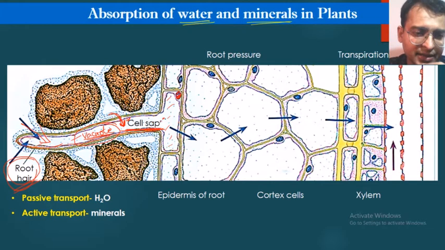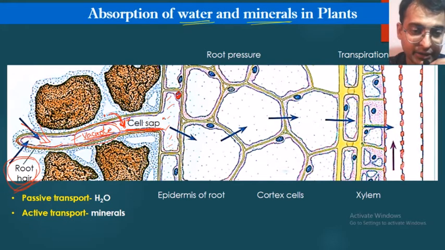Because in the cell sap there is a high concentration of the minerals, salts. Okay, because they are there in a high concentration, the water will move from where to where? From the low concentration to high concentration. Got it? Okay, so then what is happening? The water is moving from the low concentration of the salt to the high concentration of the salt.